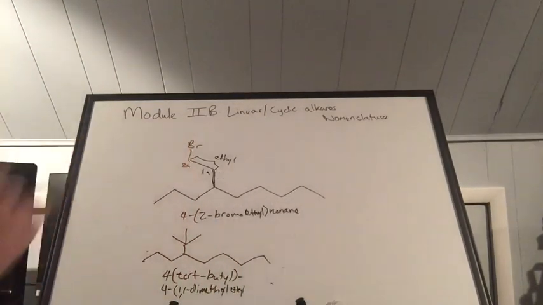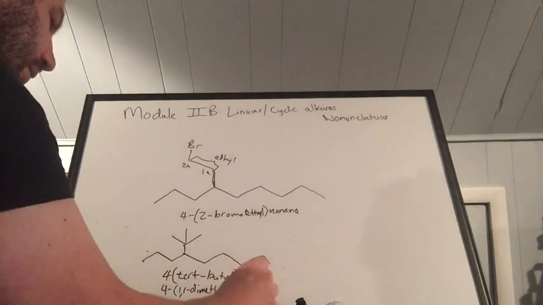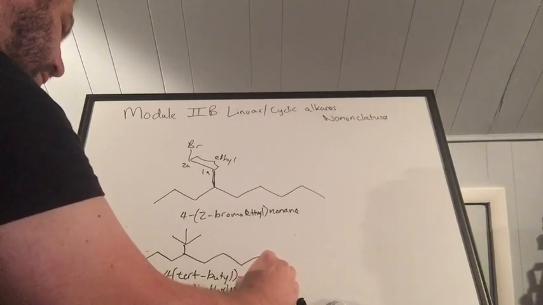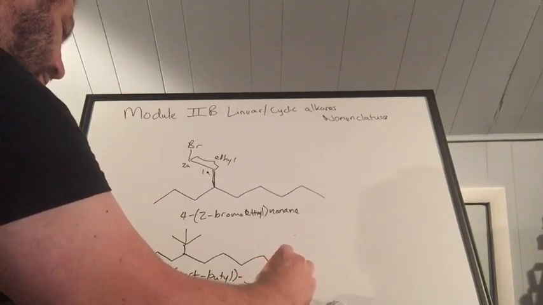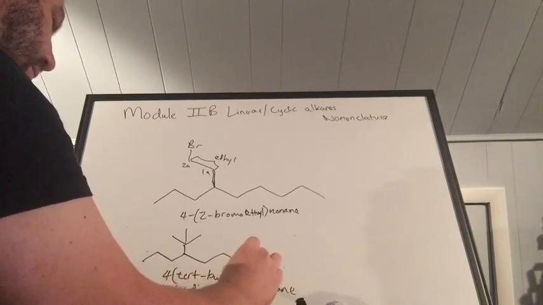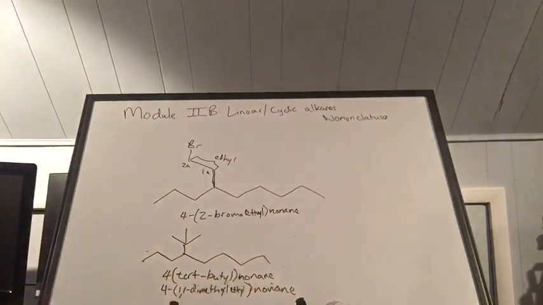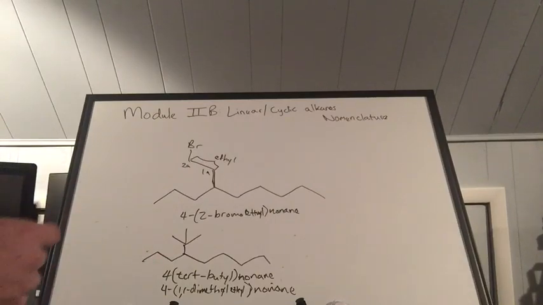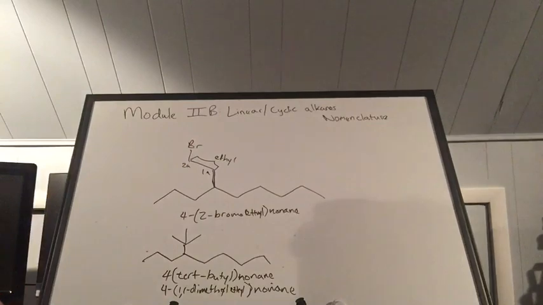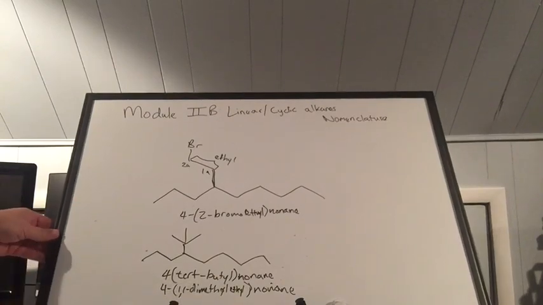Again, it's not like up here where the branch is off the 2. Alrighty. So with that said, that's pretty much branches of branches. Sounds a little meta, doesn't it? Sure is. Okay, so we think of this as a tertiary.